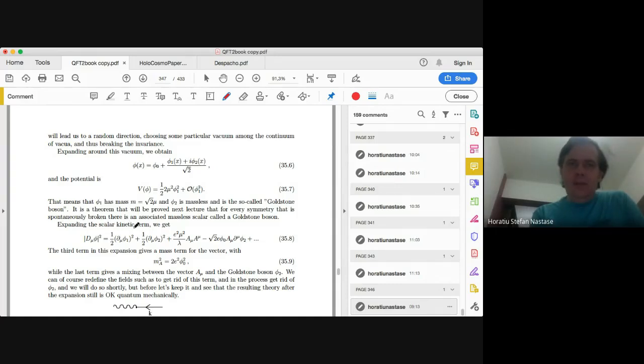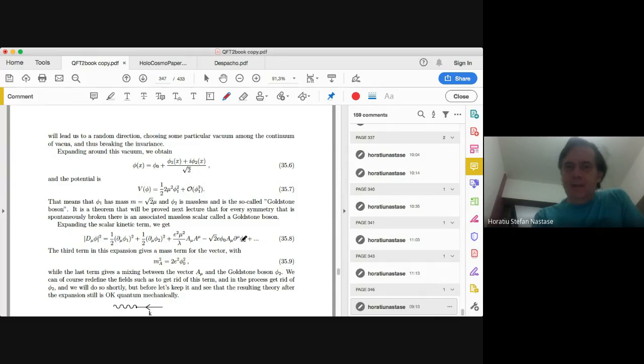Then expanding the kinetic term, as I said, the leading terms will be the canonical kinetic terms for the real scalars phi 1 and phi 2. But then I also have this mass term for the photon, E squared mu squared over lambda A mu squared.